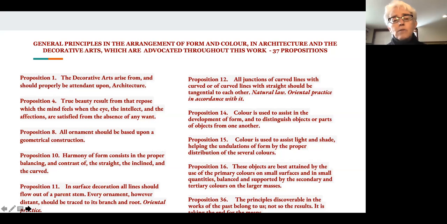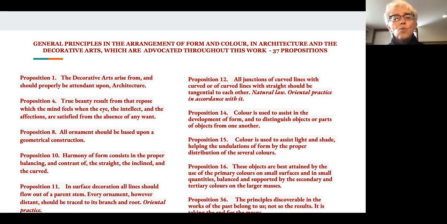So in this Grammar of Ornament, before he even goes into the various sections that he'll be digging into stylistically, he has presented 37 what he called propositions. And I've listed a number here that I feel are particularly relevant to our discussion of the Turkish smoking room.